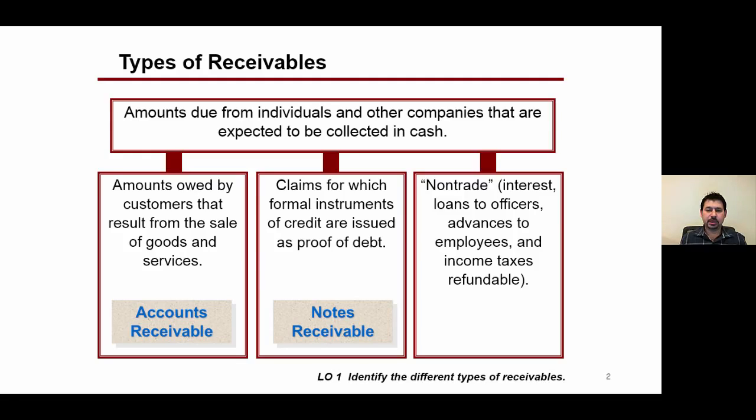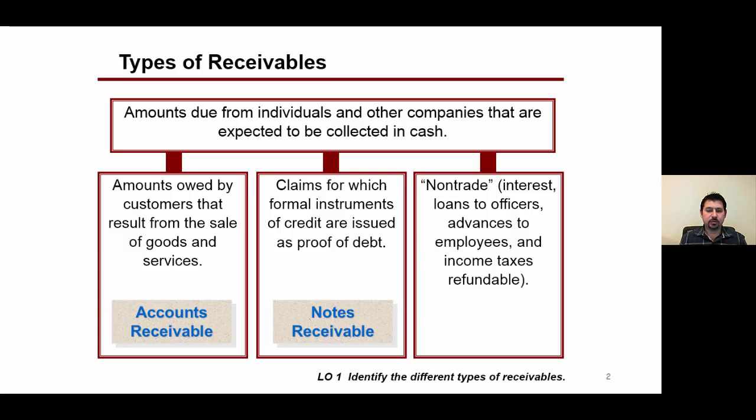And because there's proof of the debt, companies have a stronger claim on assets with notes receivable than with accounts receivable.